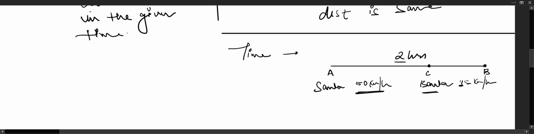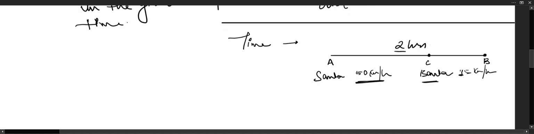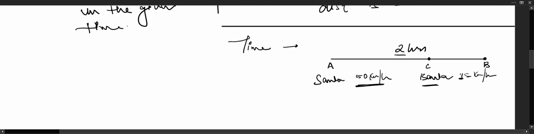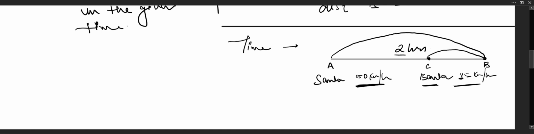So we can say that when the distance is increased, the speed also increased, and when we reduce the distance, the speed also gets reduced, because Santa is traveling this distance but Banta is traveling only this distance. That is why Santa needs to increase his speed to 50 kilometers per hour, and Banta, who is closer to point B, can go with the speed of 15 kilometers per hour only.